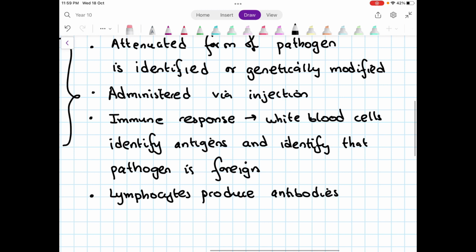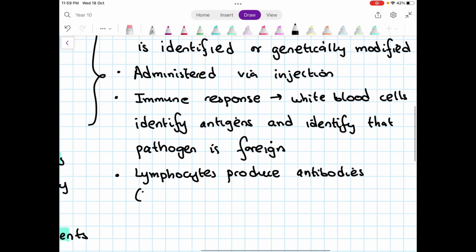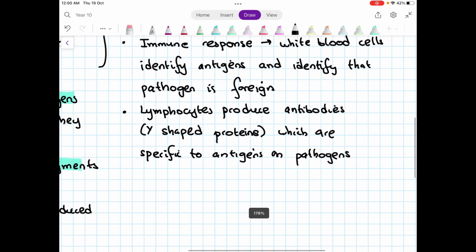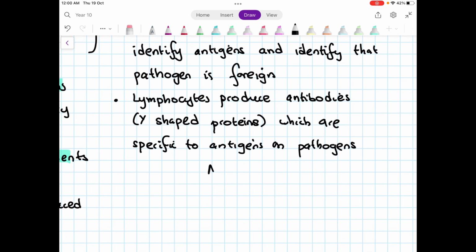Lymphocytes produce antibodies, and these are Y-shaped proteins which are specific to the antigens of pathogens. Okay, so there are a couple of effects that antibodies have.